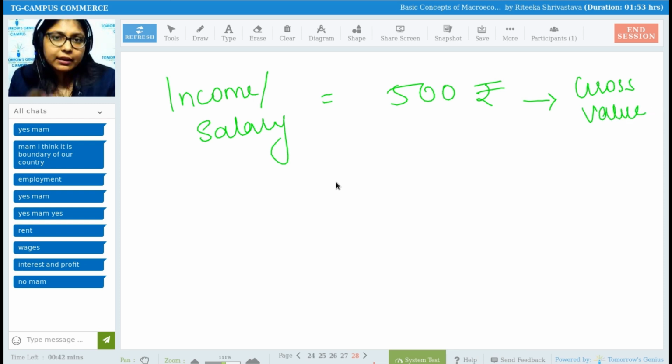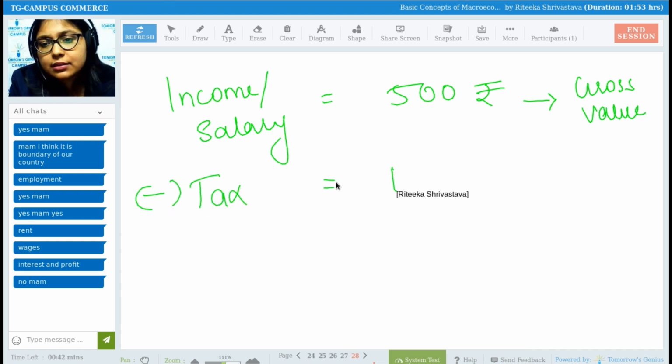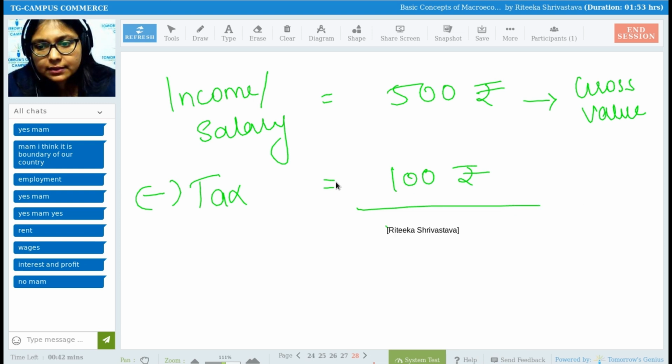Now, what tax is and how it is removed from the salary, just leave this apart. Just understand this much: when a person receives a salary, a certain amount of money gets deducted as tax. So say suppose 100 rupees is deducted in the form of tax.